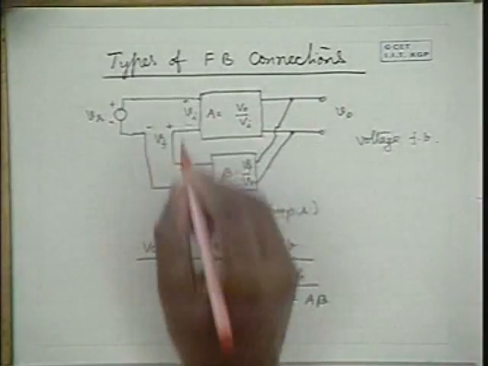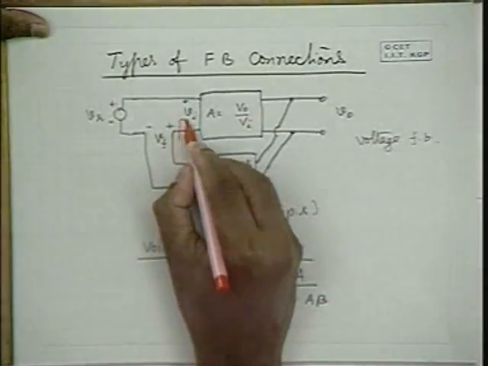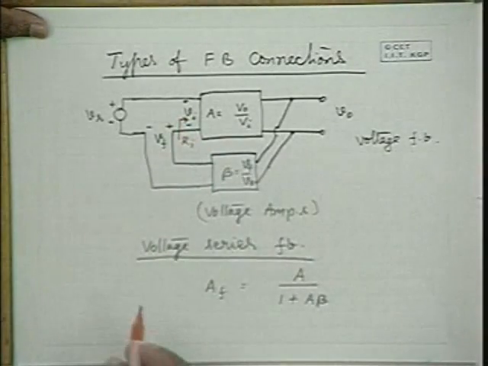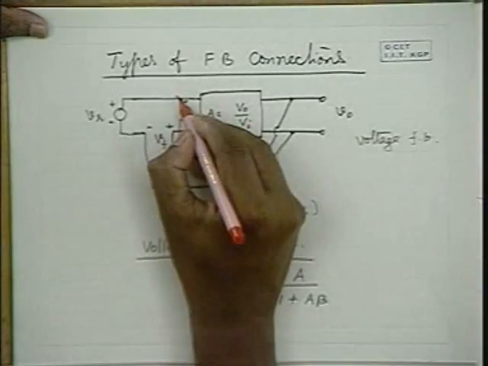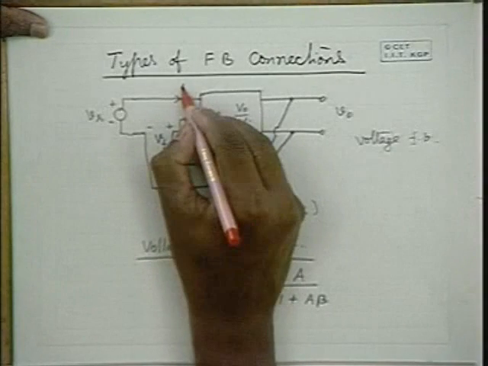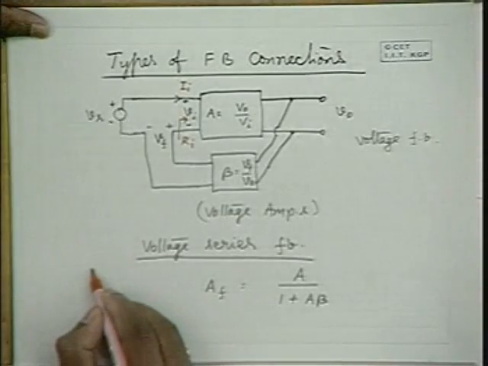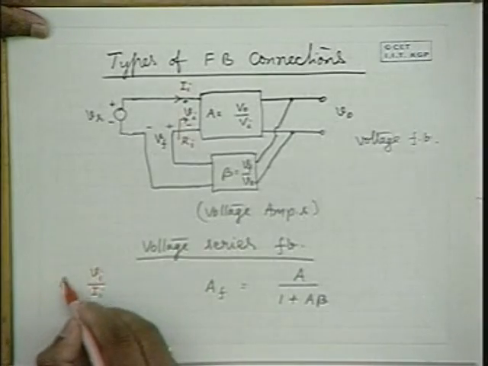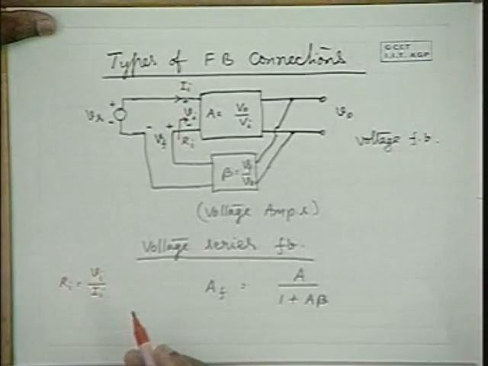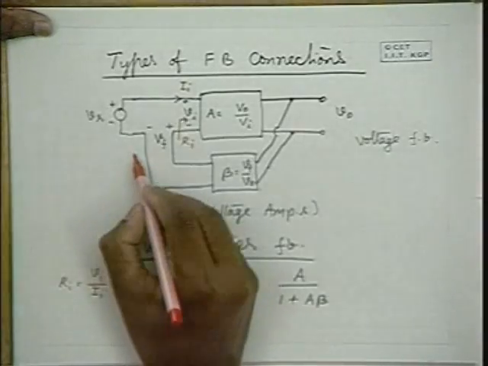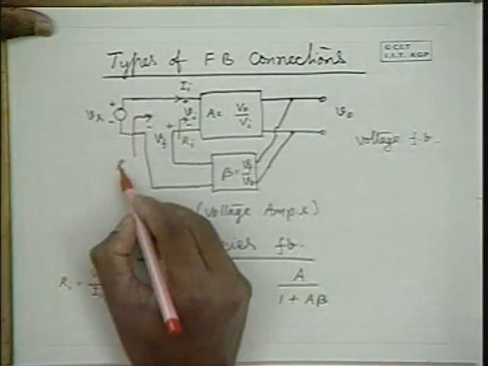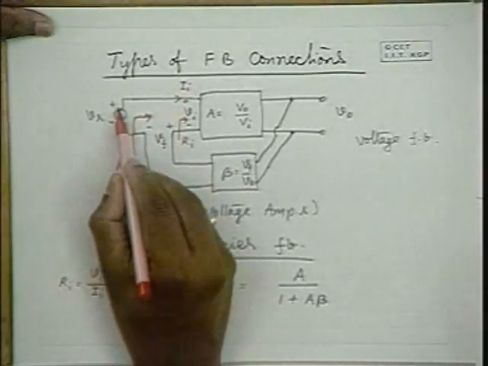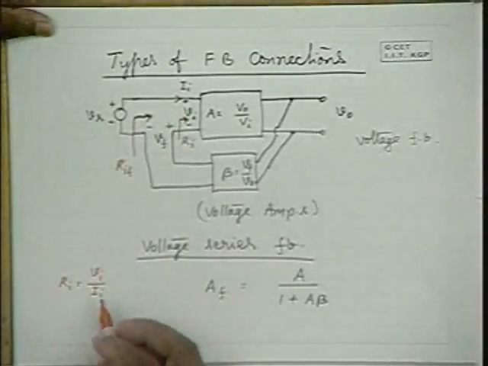Now the current drawn here is, if this is Ri for the amplifier, that means the Vi to Ii ratio is Ri. Vi divided by Ii is equal to Ri. Now what is the input impedance here? It is RIF. Now the same Ii is going from a source of Vs volts.